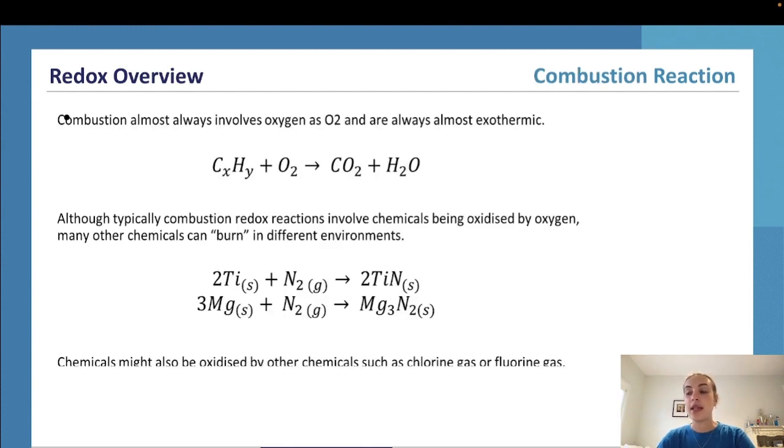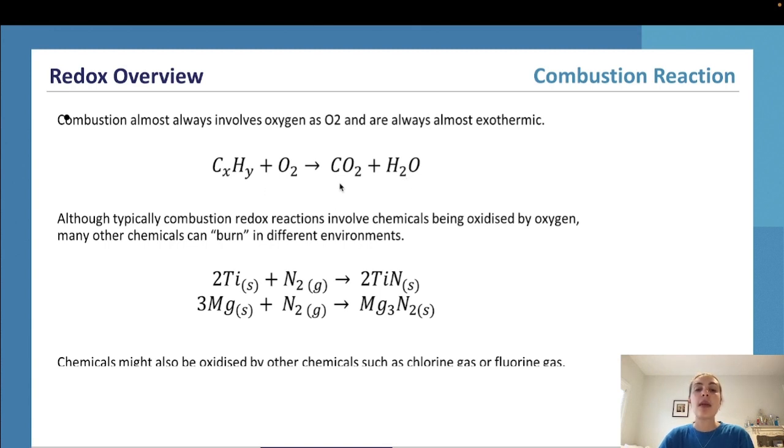The next one we're going to look at is our combustion reactions. Combustion reactions basically always involve oxygen in the form of oxygen gas, O2, and pretty much all of the time are going to be exothermic reactions. They follow this typical rule where they need to have some sort of hydrocarbon, something that involves hydrogen and carbon bonded together, reacting with oxygen under heat, and pretty much all the time forming carbon dioxide and water as products.